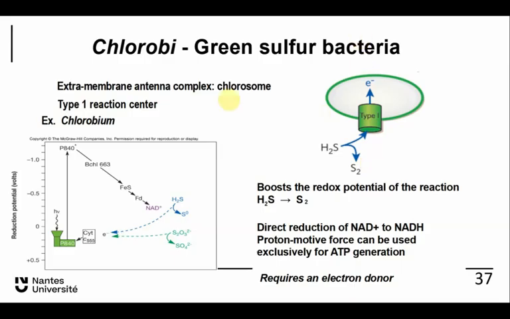Now, if you've got this kind of sulfur oxidizing metabolism and you add a photosystem 1 onto it, then the whole of your metabolism becomes more efficient because you can have direct reduction of NAD plus to NADH, and then all the proton motive force you generate can be used to produce ATP. So it's an advantage, okay?